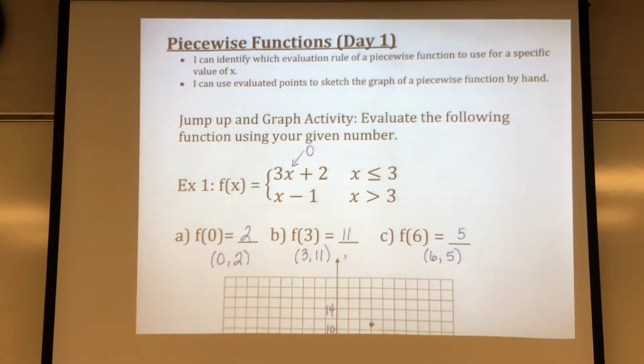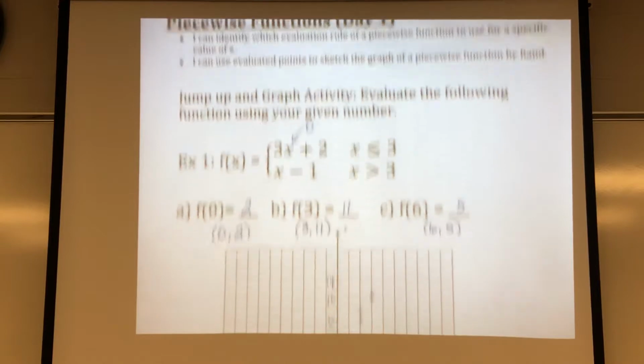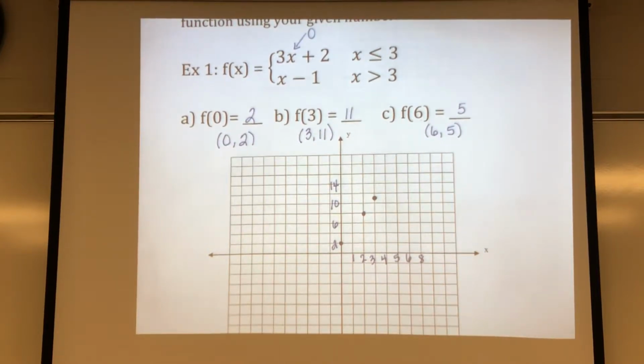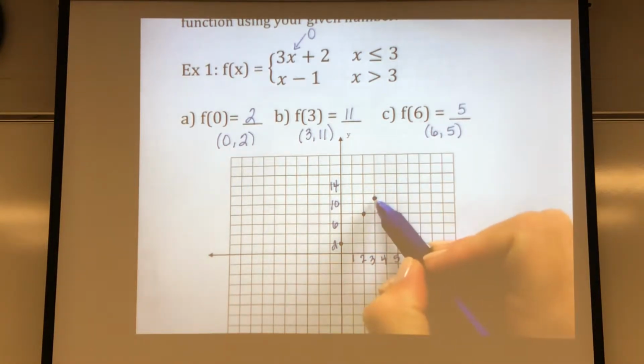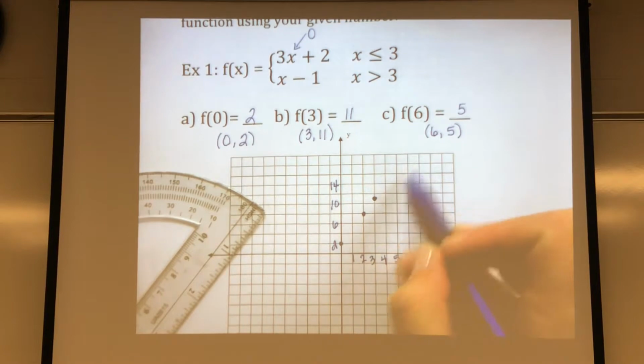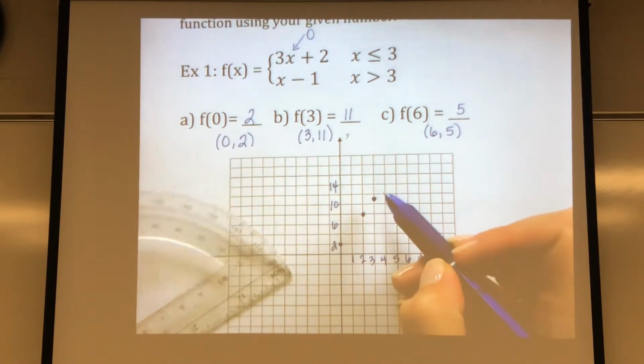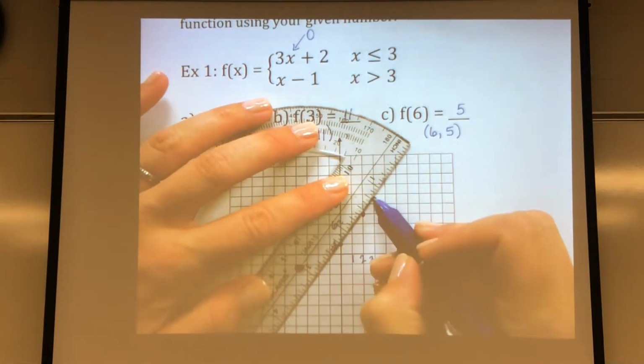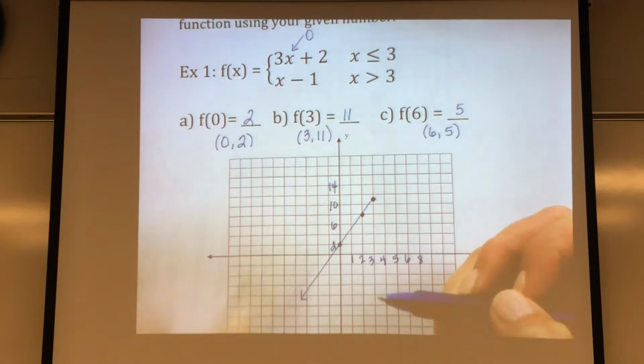So when we go to connect these, oh goodness, sorry, I was graphing and you couldn't see it. When we go to connect these points, this first point here, 3, 11, we're not going to go past that because we can't go any greater than 3. So instead of it looking like a line, it's going to look like a ray when we graph it.